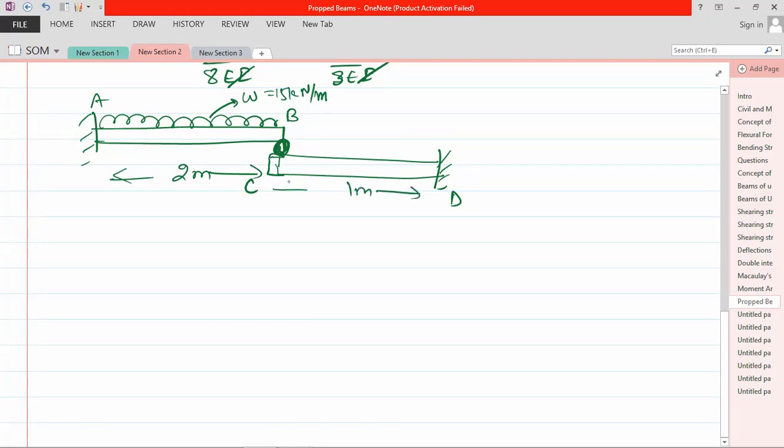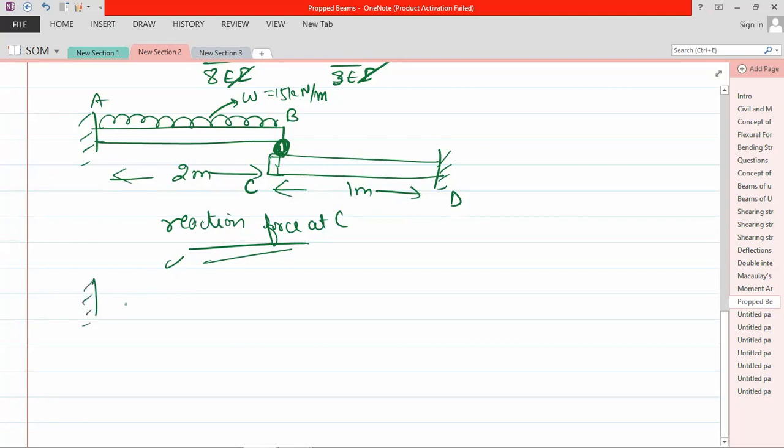So you need to obtain the reaction force at C. Just like we earlier did, from the two parts we can make it like this.